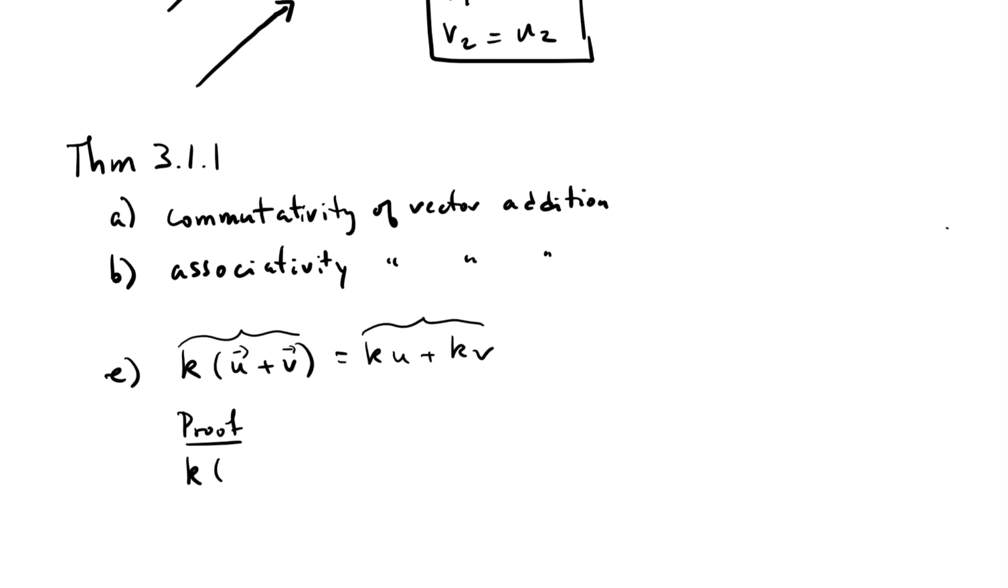Let's look at this. Usually, to prove a statement like this, you start with one side and you try to get to the other side. Usually you pick the side that's the most complicated and you try to get to the side that's the least complicated. That doesn't mean it's a rule, but usually I find that helps.